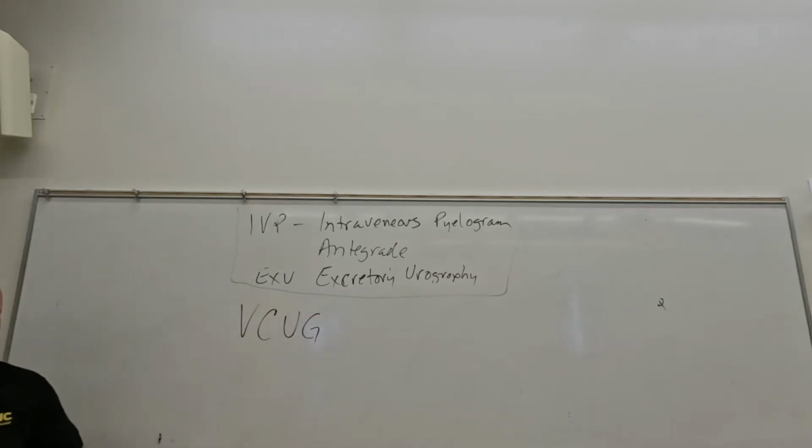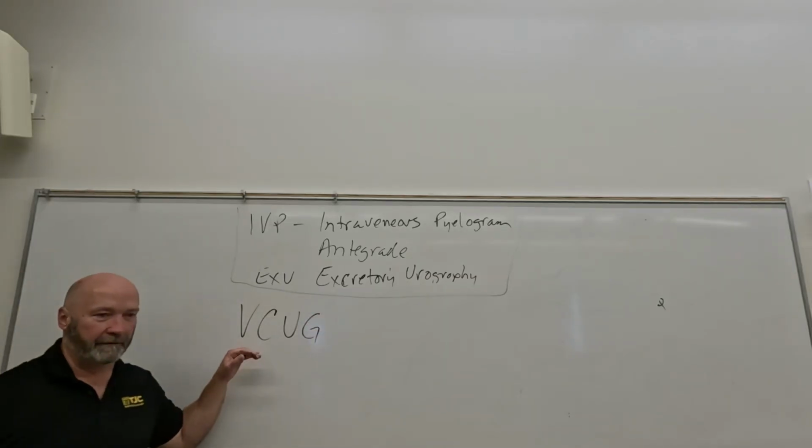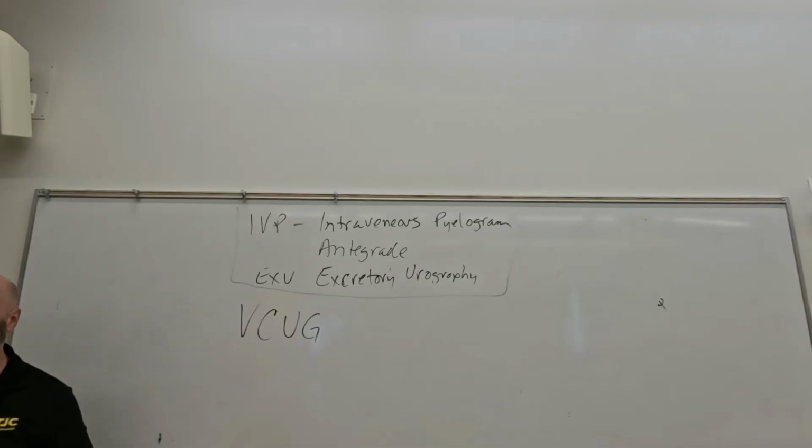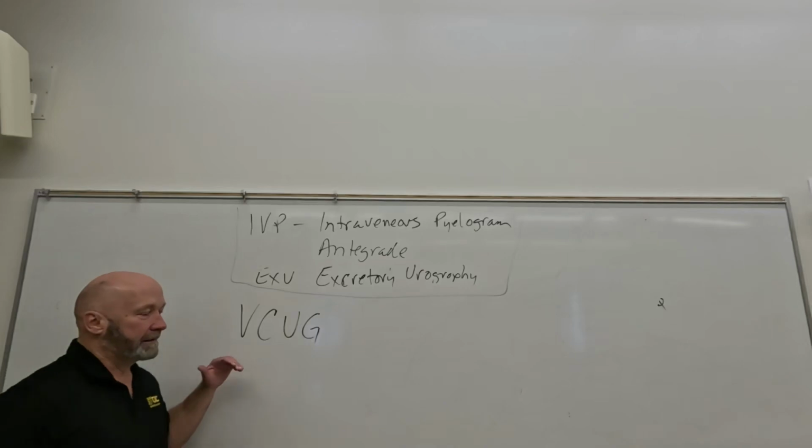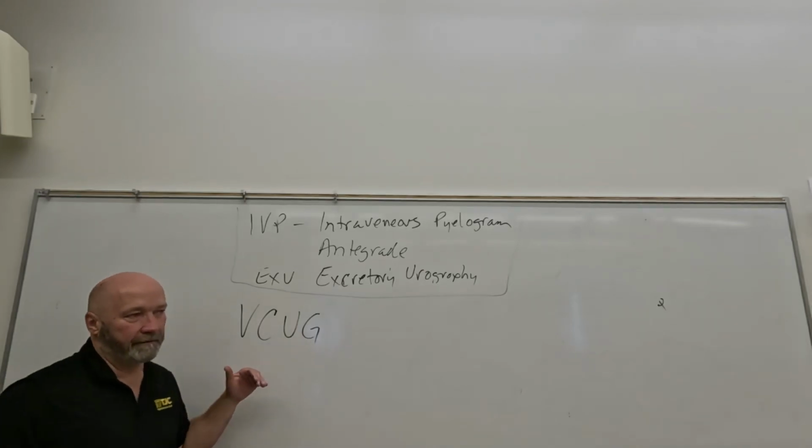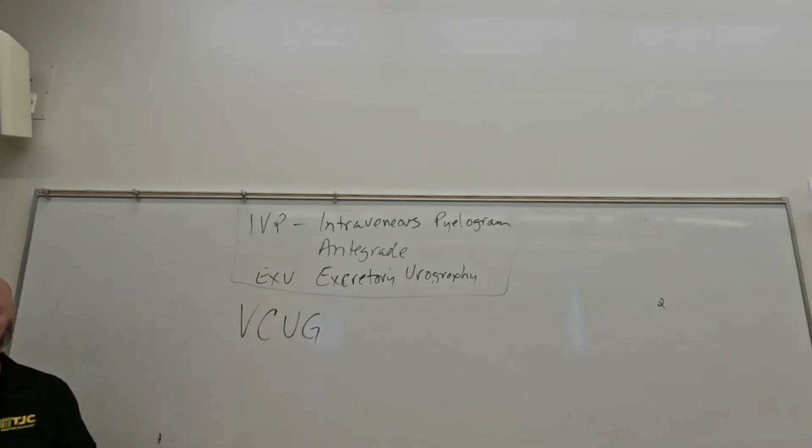Voiding cystourethrogram. Demographics for VCUG are very specific. The indications are consistent urinary tract infections, especially kidney infections. All right, so we've got the kidney infections, kids having them all the time.